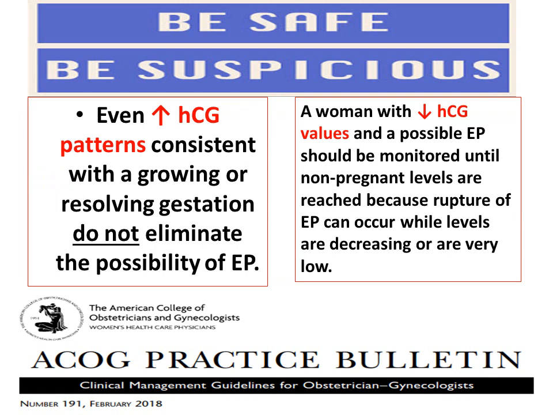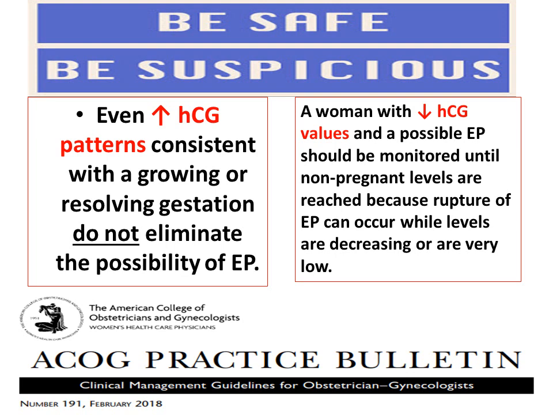Again, another recommendation is that you have to be suspicious, which means that even if the beta HCG rise is consistent with the doubling time of normal intrauterine pregnancy, don't eliminate the possibility of ectopic pregnancy 100% in this case. You have to suspect ectopic pregnancy all the time until you see an intrauterine pregnancy with intact fetal pulsations.